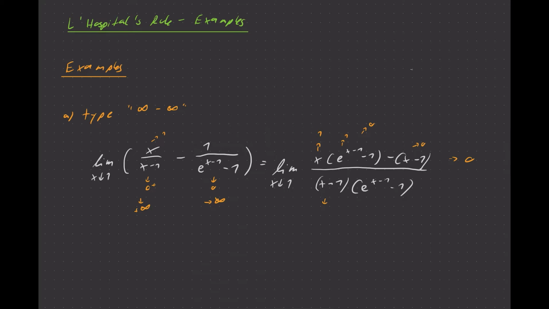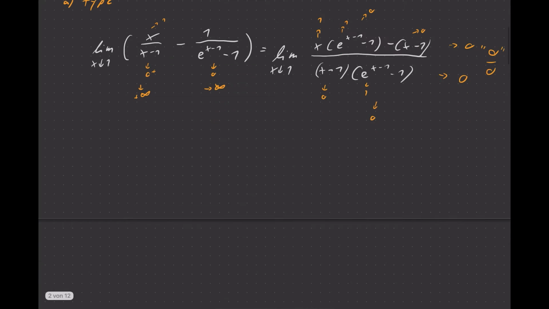And here, x minus 1 tends to 0, and same thing here. This here tends to 1, so this whole expression tends to 0. So again, we get a denominator that tends to 0. And that means we now have a limit of the type 0 divided by 0. We have differentiable functions, so we can try to apply L'Hopital's rule.